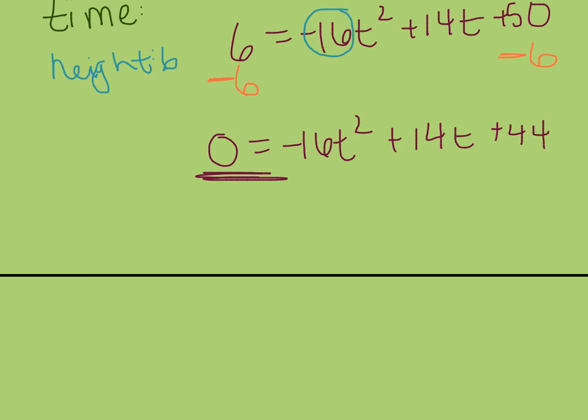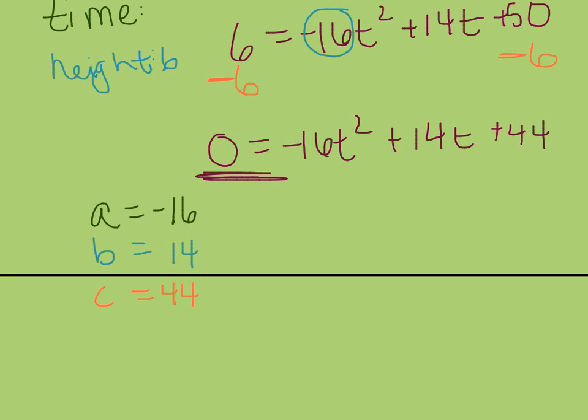It should be just a split second less than the answer to the previous question. So let's identify A, B, and C. A is still negative 16. Oops, not the t. We don't put the t there. B is still 14. The only thing that changes then is the C. This time it's 44. It was 50 in the last problem.